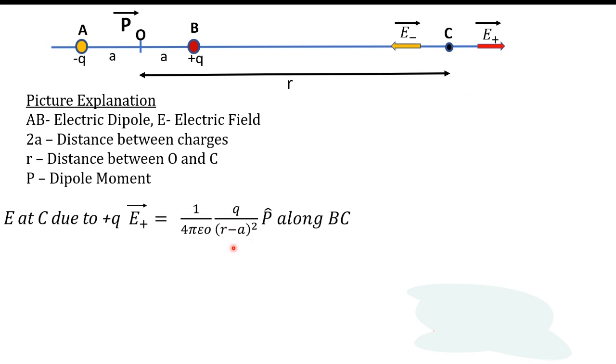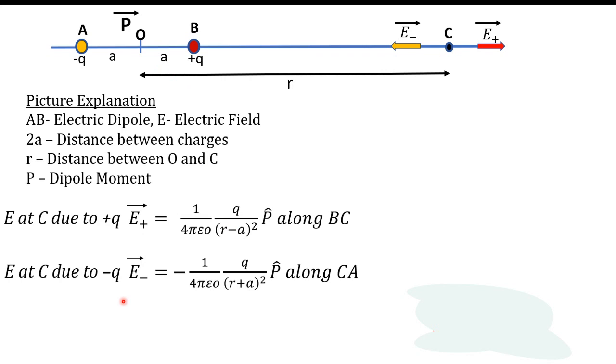But r will be O to C, and BC we can get by OC minus OB. So it is r minus a the whole square. And E plus is along BC. It is in this direction, BC.